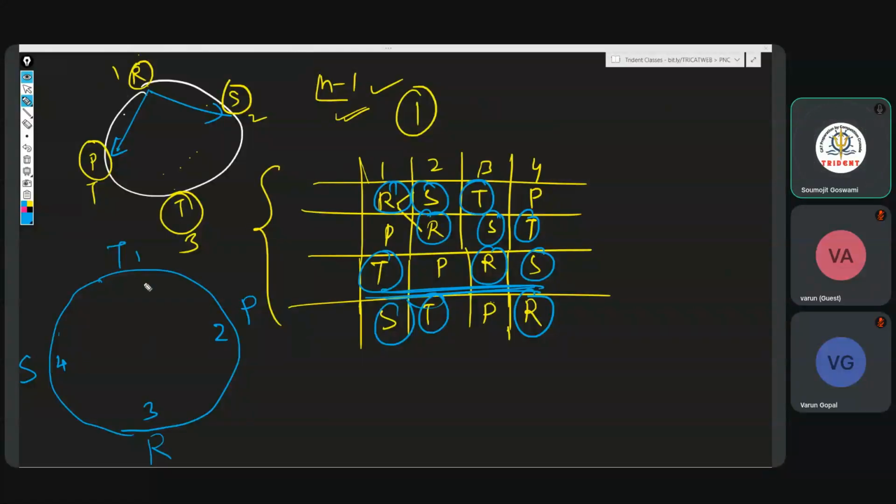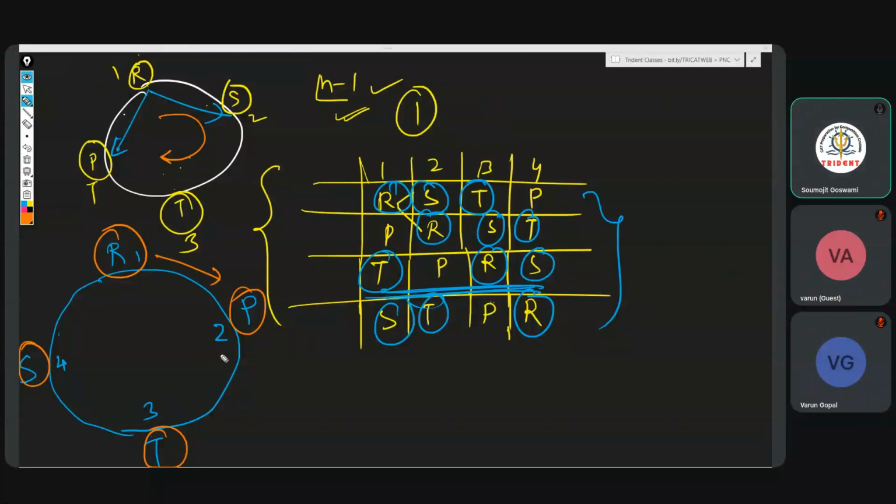And if I change the position now, again make it R, and this I am making T. Do I have an RPTS? Oh no, I don't have an RPTS. So the point that I'm trying to make is that with clockwise rotations, one arrangement I'm getting unique that I'm not getting with the internal rotations.